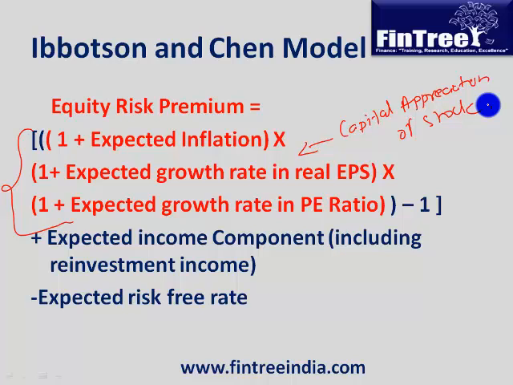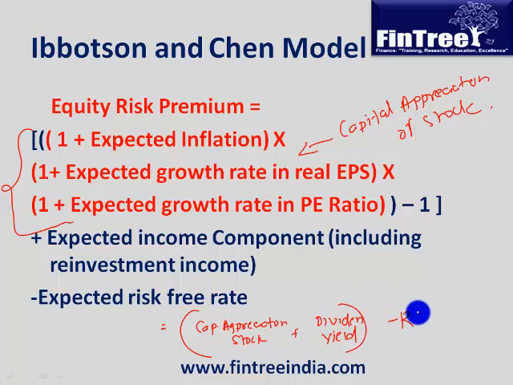So if I have to simplify this formula, what it eventually becomes is capital appreciation of stock plus dividend yield, because this expected income is nothing but dividend yield. So this is the total return that I've earned, minus RFR is equity risk premium.